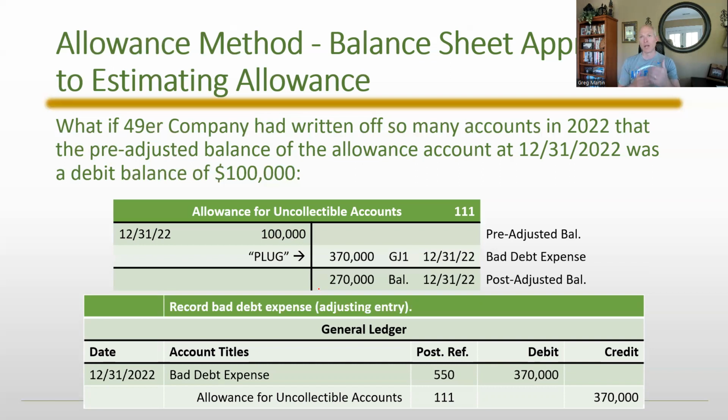So an underestimation in the current period is going to lead to a higher bad debt expense in the subsequent period, and vice versa. If I overestimate in the current period, then I'm going to have a lower bad debt expense in the subsequent period. So it all balances out over time, but any error in your estimation flows into the next year, and that's what we saw here.